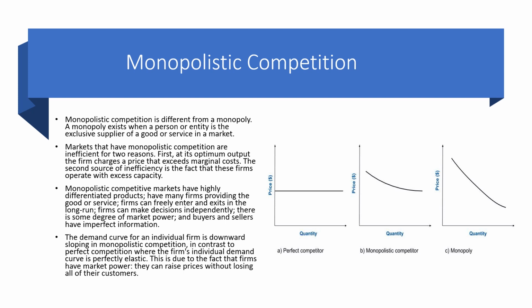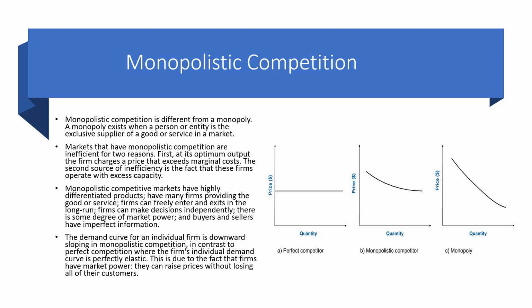But monopolistic competition is different from monopoly because it shares some of the features of perfect competition and some of the features of a monopoly. So first of all, at its optimum output, the firm charges a price that exceeds the marginal cost.